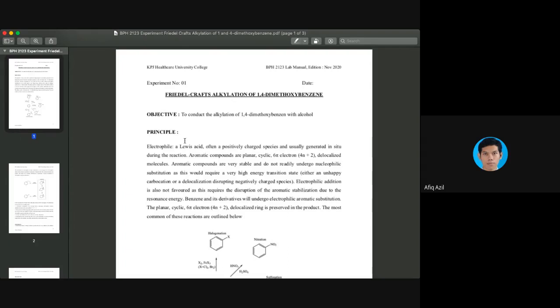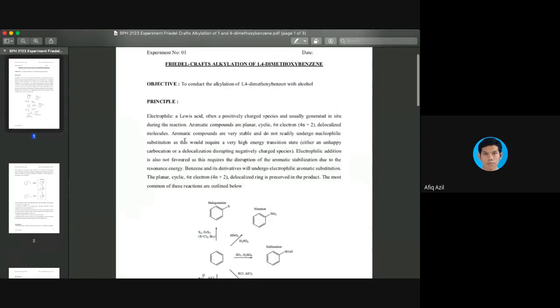As the original one does not have any video resources, I'm afraid that you will not be able to grasp what you are actually supposed to be doing in the lab. So I've changed it, but in a way that it is still under the topic of electrophilic aromatic substitution reaction. This time it will be Friedel-Crafts alkylation.